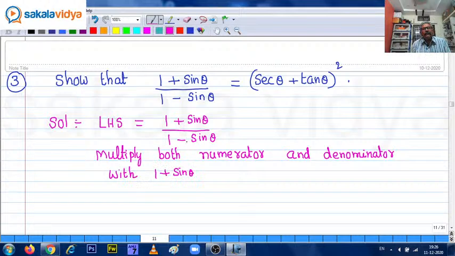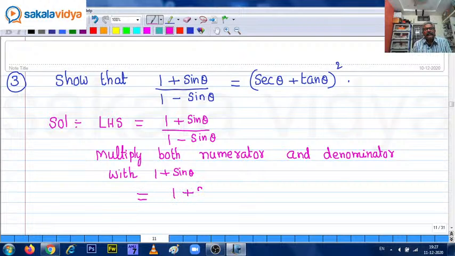Suppose here 1 minus sine theta is there, you need to multiply with 1 plus sine theta. Suppose instead of 1 minus sine theta, 1 plus sine theta is there, you need to multiply both numerator and denominator with 1 minus sine theta. You remember like that.